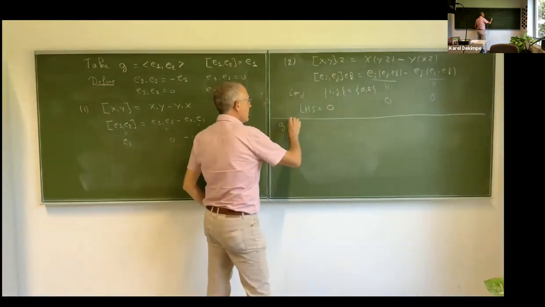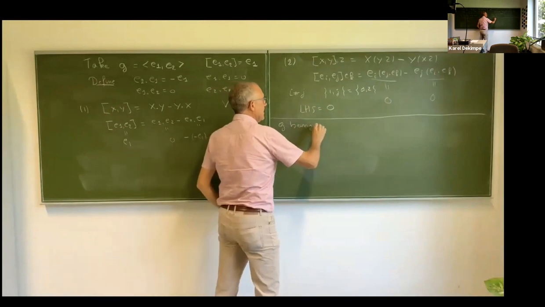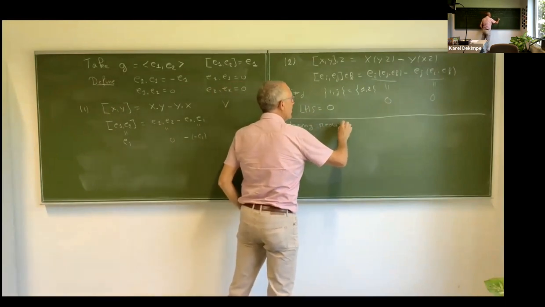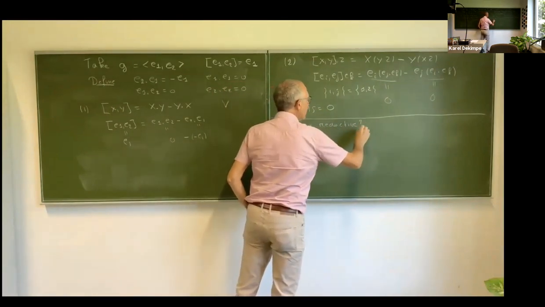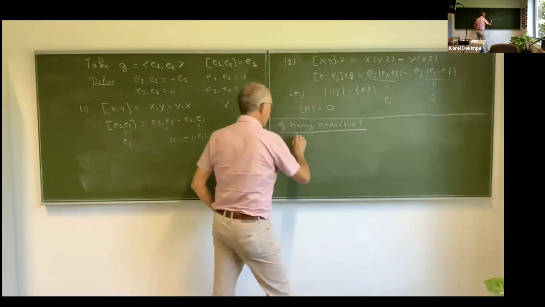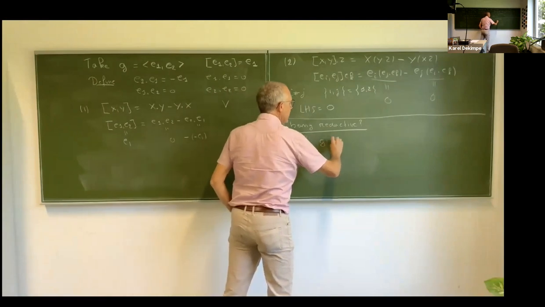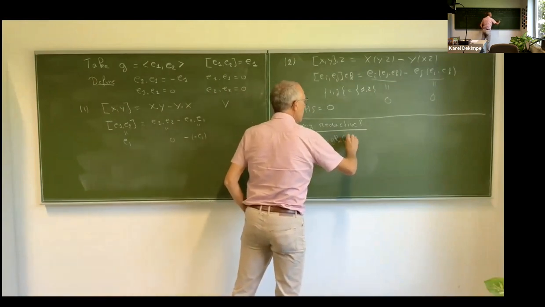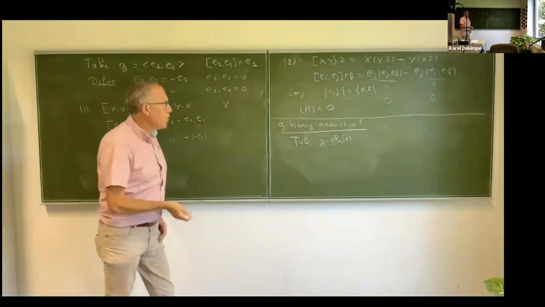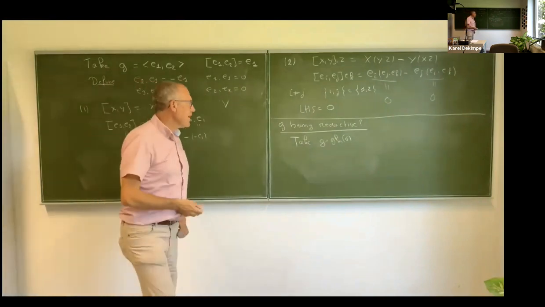So, what about G being reductive? Well, take G to be equal to gl_n(C), or whatever field you like. Yeah, this works over any field.